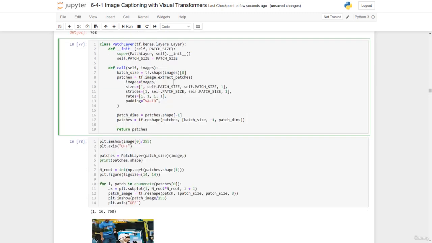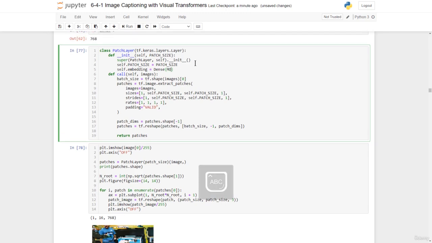Let's now define the embedding layer which comes just after this patching. So we have our embedding layer, self.embedding, which is going to be a dense layer where we have model size number of output neurons. So here we also include the model size. And then after getting these patches, we do patches equals self.embedding of the patches.